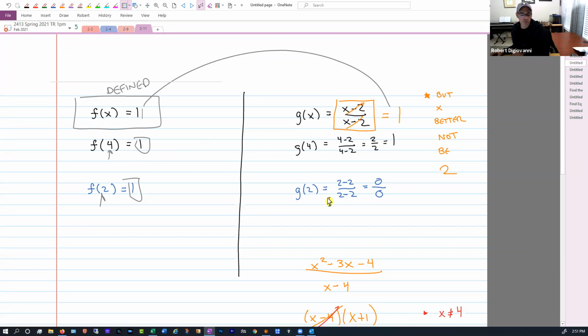So all this was to illustrate that when you define a function and do some algebra, you have to pay attention to what you're canceling, because you have to make sure you don't accidentally plug in a number that would have made the function undefined to begin with. Okay, thank you.